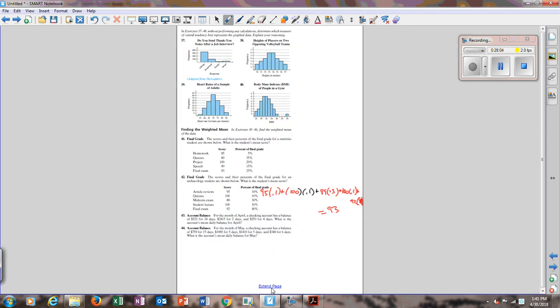So, in order to do this, you're going to do 759 times 15 plus 1985 times 5 plus 1410 times 5 plus 348 times 6, and then we divide by the number of days.